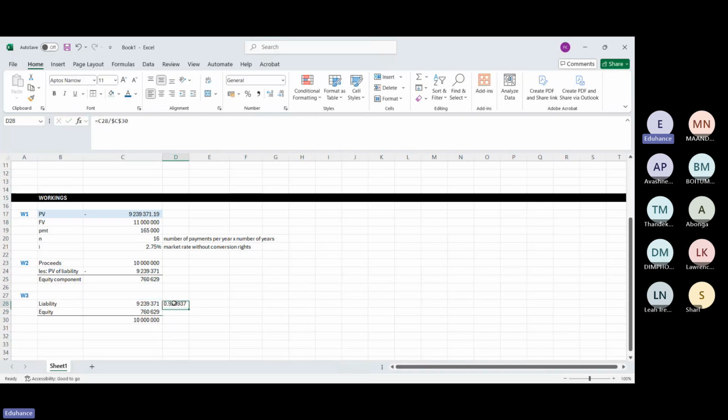All we're basically doing over here is apportioning it. The transaction cost, which is 800,000, is how we will split the transaction costs. If I add this up, it should come to 800,000. So there we go.